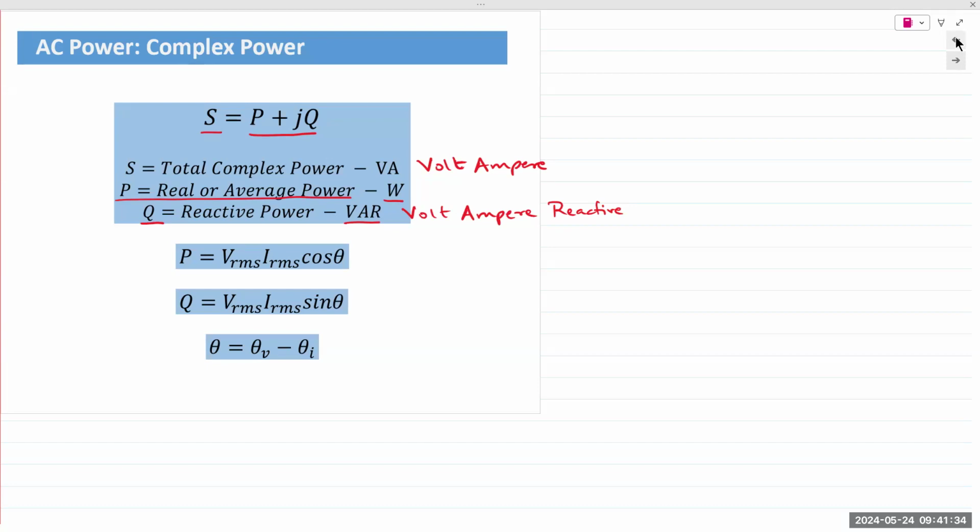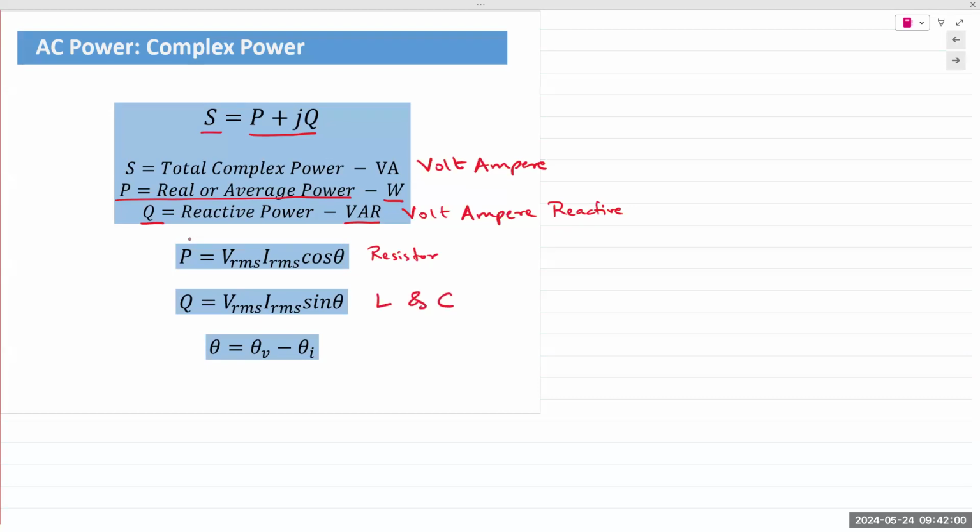Now, obviously, this only applies for that specific component, not for the entire system. Meaning, if you're trying to find P and Q for an inductor, then you need the RMS values of the inductor voltage and the inductor current. Make sense? Q is right here. This is only for a resistor because it's average power.